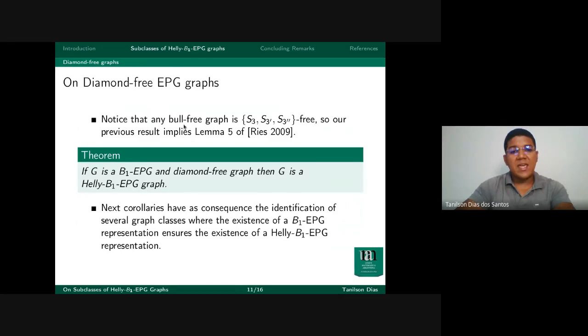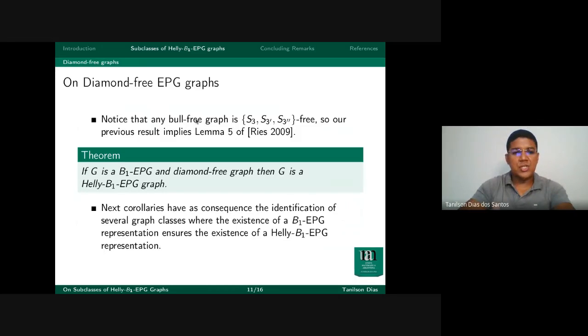Notice that any bull-free graph is S3, S3 line, S3 2 line. So our previous result implies Lemma 5 of Bernard-Rees 2009. In particular, Bernard-Rees 2009 define a Helly-B1-EPG subfamily that is defined exactly by bull-free graphs.